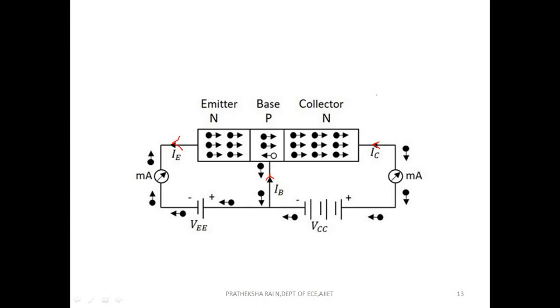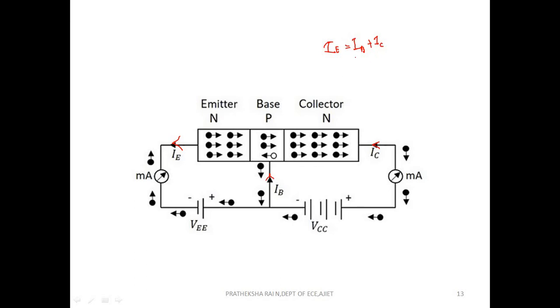Now if we apply KCL, the outward current is IE, right? The emitter current is the one which is going outward, so that will be equal to the base current plus the collector current. This is very important in the case of BJT. You have to understand that the emitter current is equal to the base current plus the collector current.